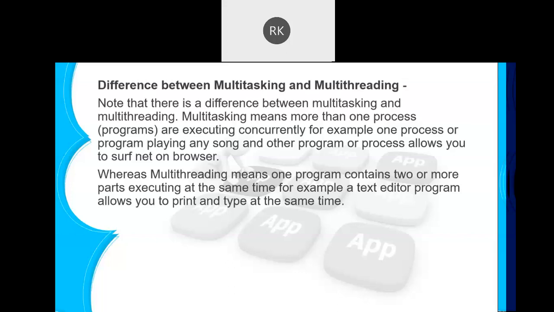For example, let's suppose the first part of the program has been executed for, let's suppose, 1 nanosecond, and after that it has become idle. Now your processor will not wait for that particular part to become active again. In that case the processor can move to some other part of the program that will be executed.